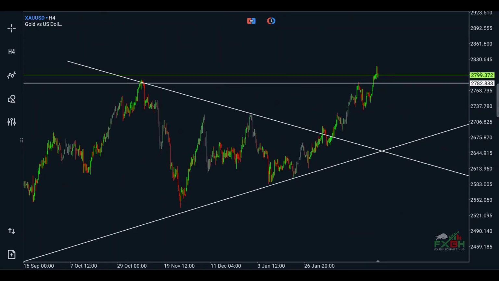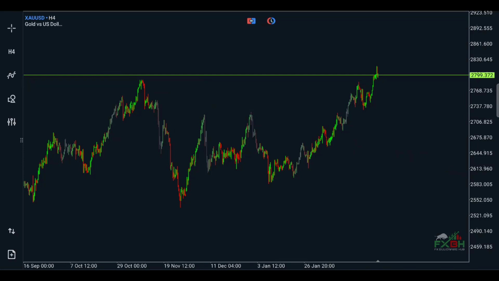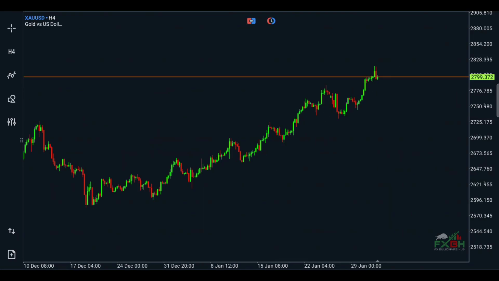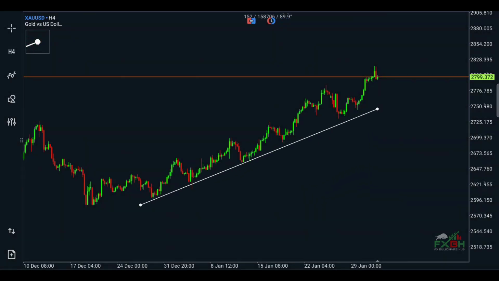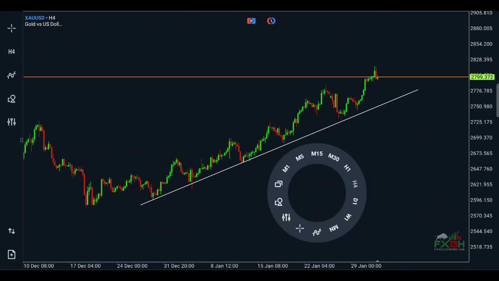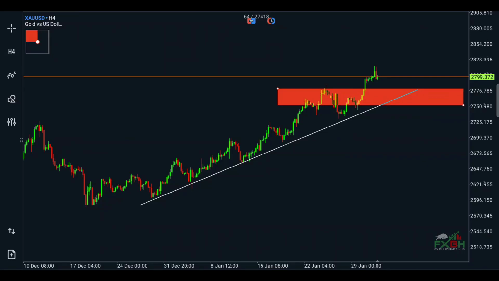As you can see there on the H4 time frame also, this trend line support is also valid. Let me make a deeper analysis for the H4 time frame. In H4, if we want to draw a support trend line for that area, our support zone should be around that area.